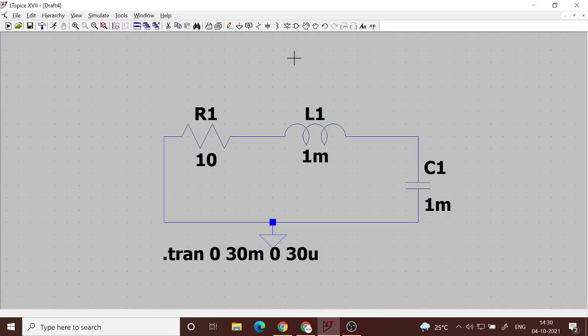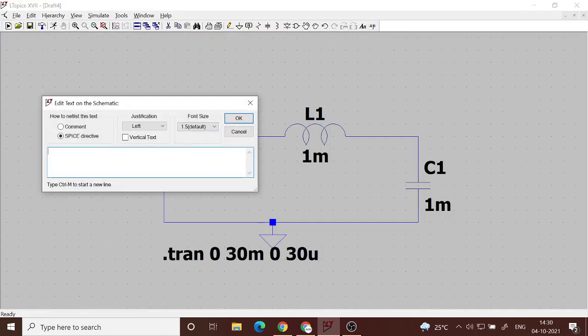We have not given any input voltage source or current source. Okay, so now let's give the initial conditions. Now for initial conditions I can give the capacitor voltage, so initial dot IC. So voltage at point, say, B is equal to 1 volt.